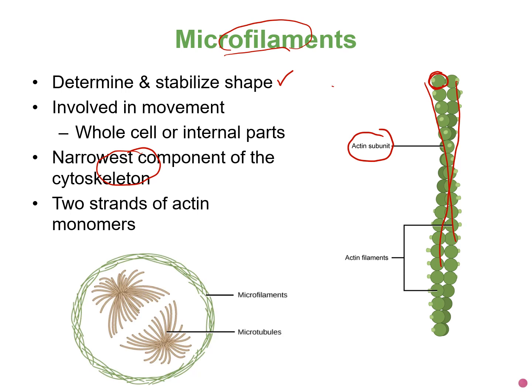But by changing the shape of the cell through breaking down and rebuilding of these microfilaments, it can allow the cell to move, or even just part of the cell to move. So these actin subunits can easily break down and reform pretty quickly, allowing these microfilaments to change shape and change the shape of the cell.